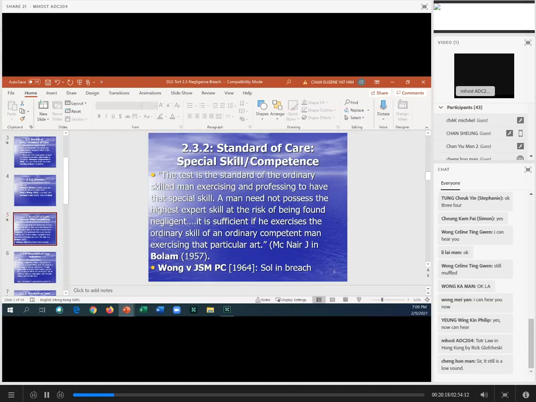They will rely on expert evidence. There will be expert witnesses, and the court will have to rely on the expert evidence to decide whether there's breach. There'll be no breach if the defendant exercises the ordinary skill of the ordinary competent man exercising that particular art. Well, what do you mean by ordinary again? So again, it's going to be the judge in the case who will decide.